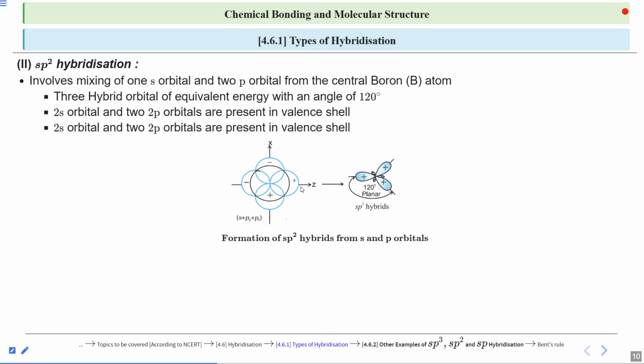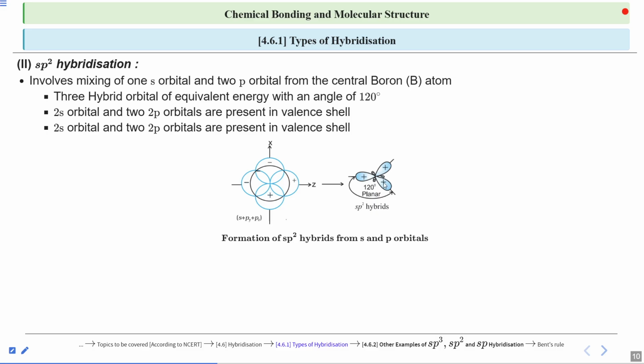Similarly, you can see two circles along the z-axis, the smaller one, not the black one, the blue one. This is the pictorial representation of pz. And the third orbital, the s orbital, is represented with a larger circle, the black circle. Now your px, your py and your s will combine to give these three sets of hybrid orbitals.